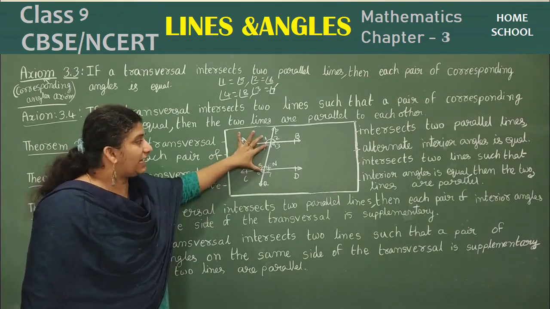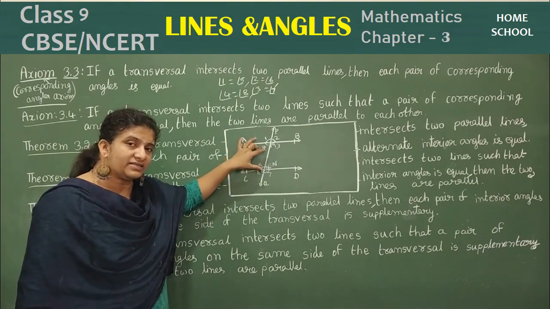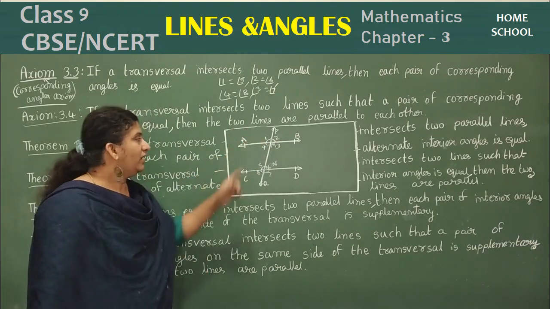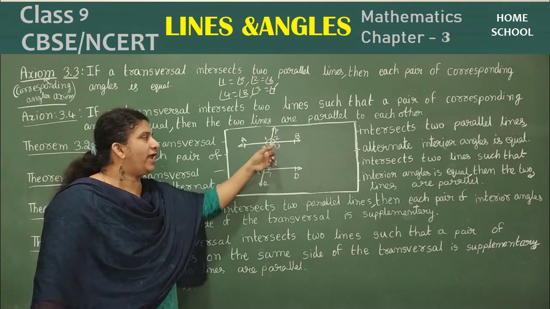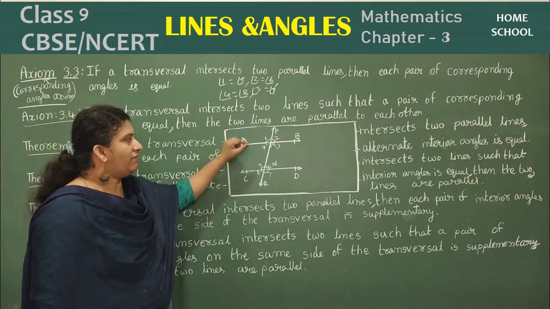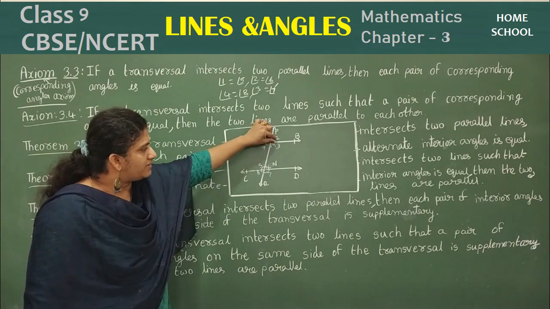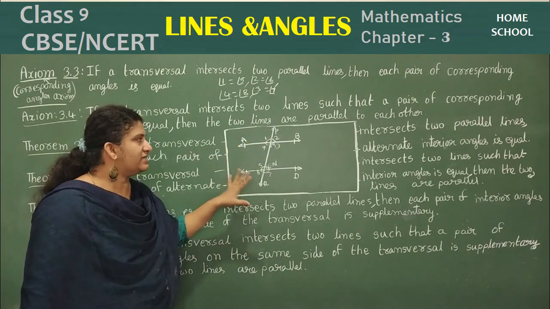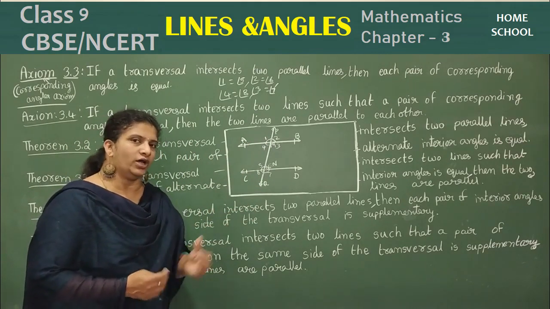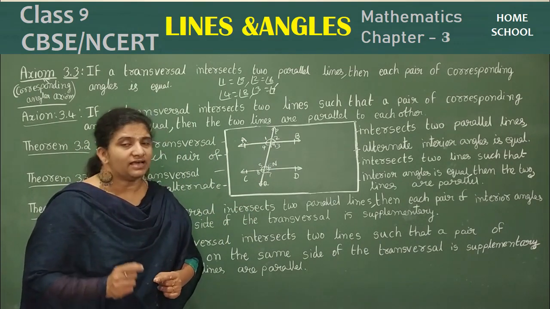The transversal makes two parallel lines where, at the intersecting point, it creates 4 angles here, and here 4 angles are formed. This is corresponding to this angle, and this angle is corresponding to this, like this. 4 pairs of corresponding angles are equal according to your axiom. This axiom is also called the corresponding angles axiom.